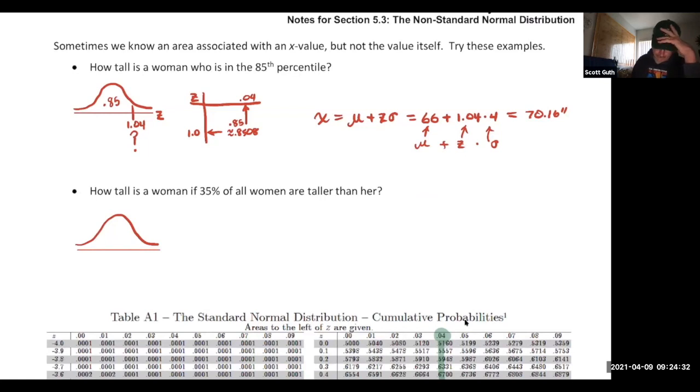Now they're telling us 35% of women are taller than she is. So this is the picture that goes with the question. But I don't know what percent of women are shorter. So could anybody figure that out? Remember, the table only does areas to the left. This is an area to the right. It's not going to work.